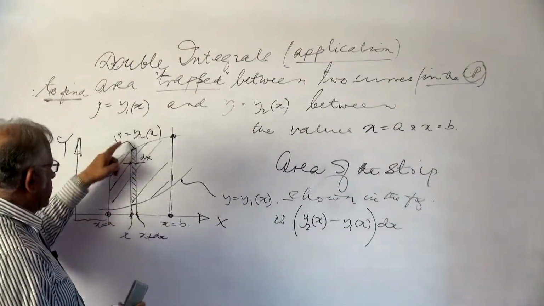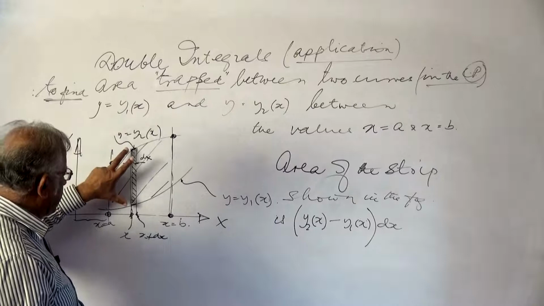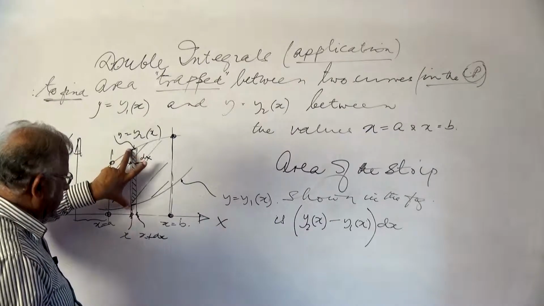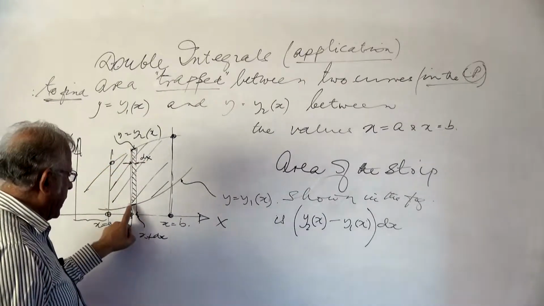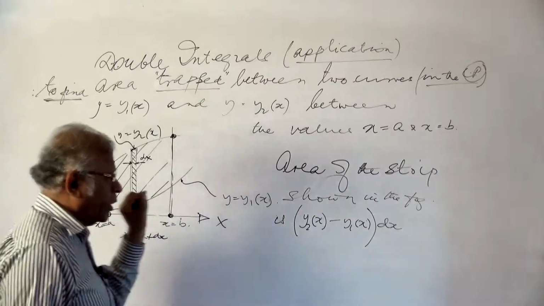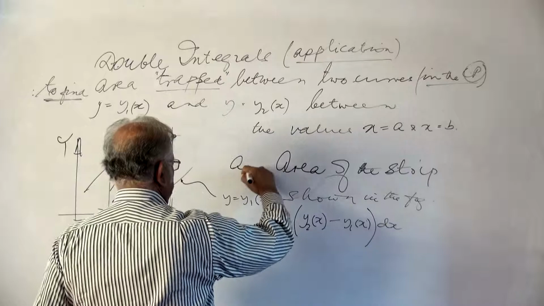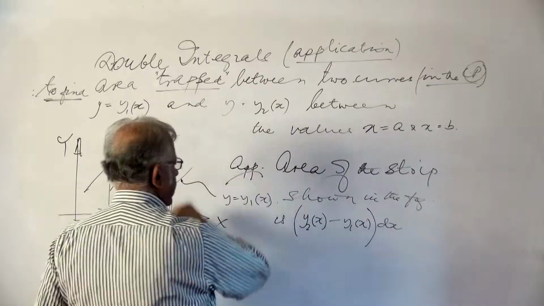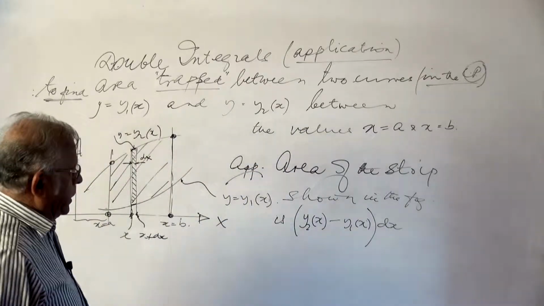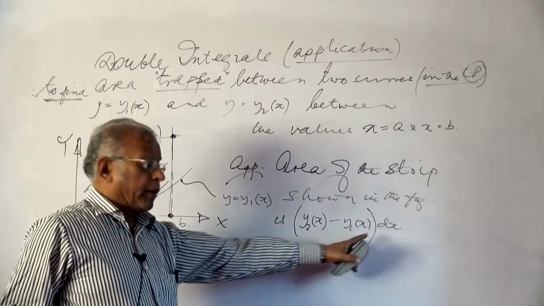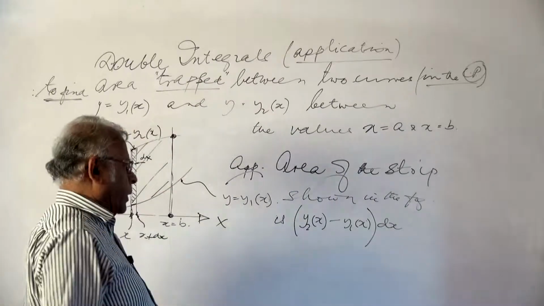The y2(x) minus y1(x) gives us this height, and that multiplied by dx is an approximation. Actually, we should write approximate area. The approximate area of the strip is (y2(x) minus y1(x)) dx.